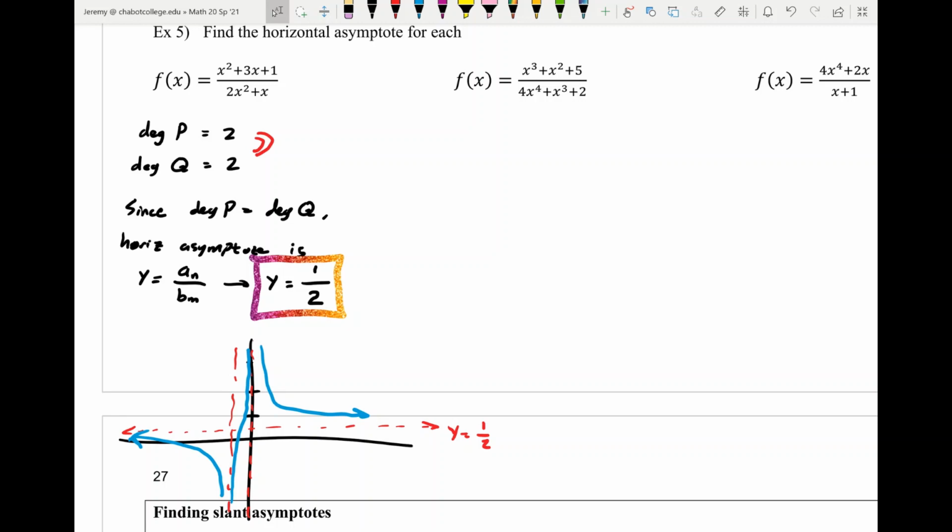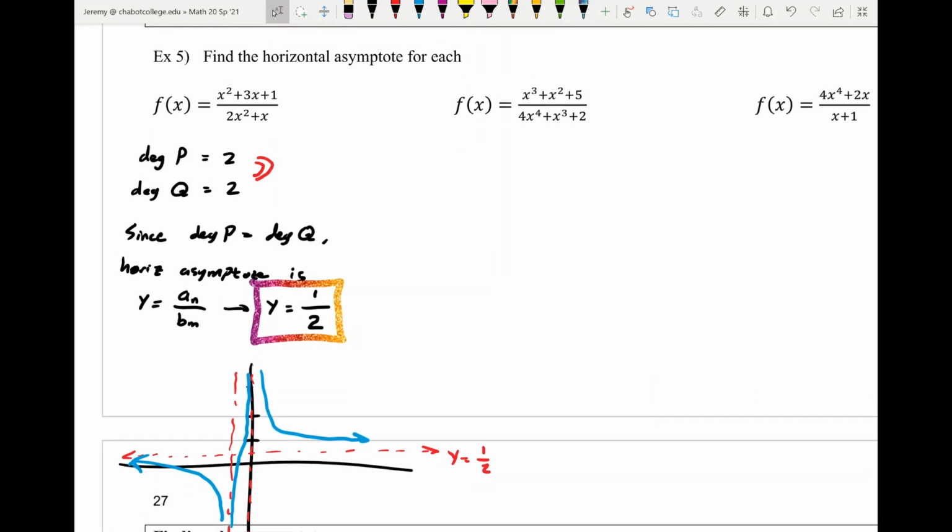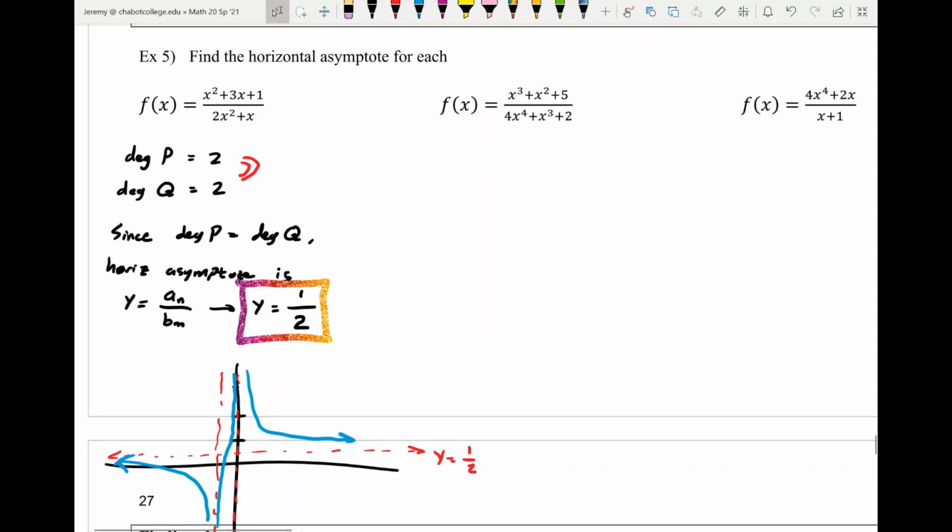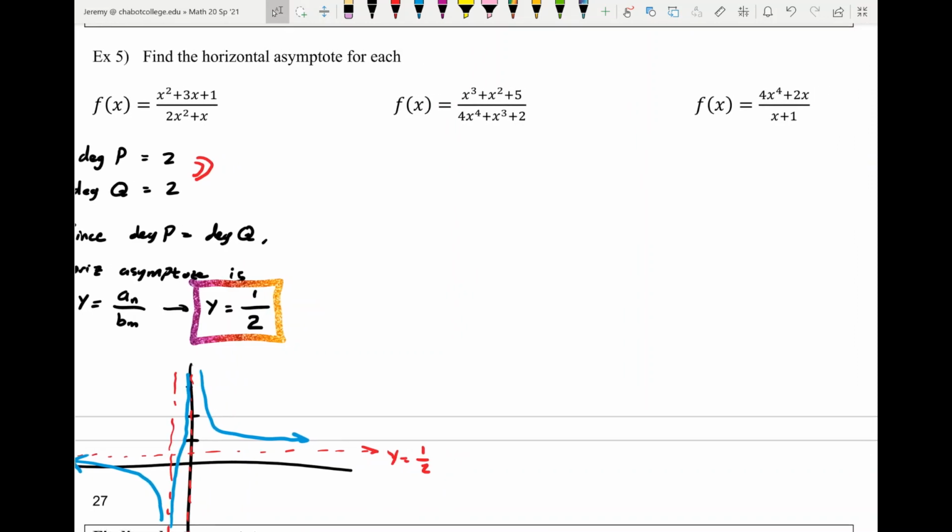So there it is. Equal degree means that we have a horizontal asymptote at the ratio of the leading coefficients. So for this next one, looking at this function here, the numerator is cubic, the denominator is quartic, so 4th degree. So the degree of p in this case is 3.